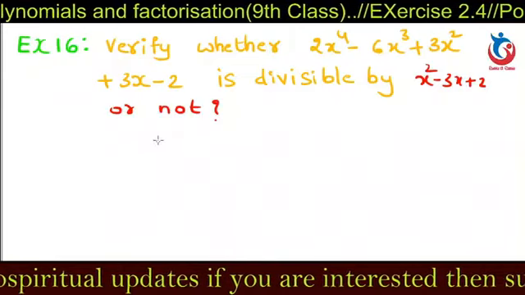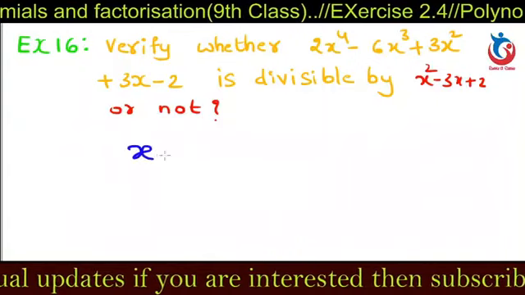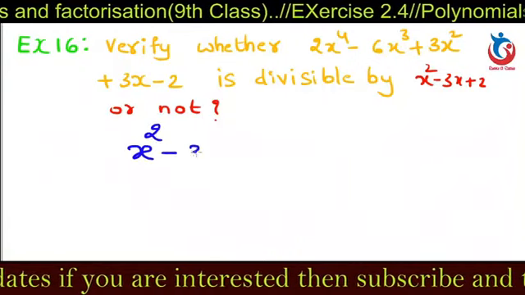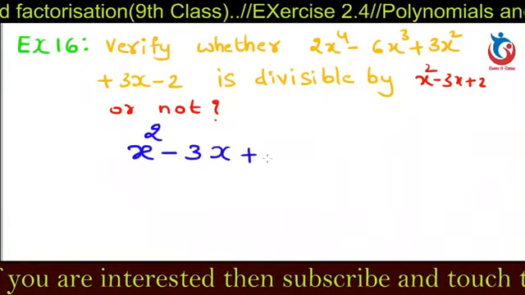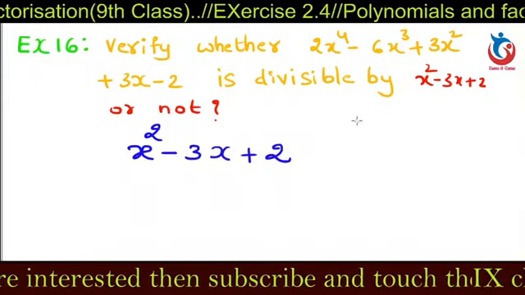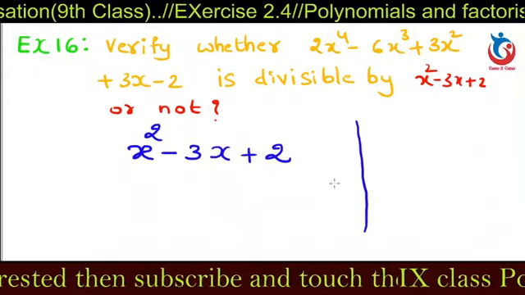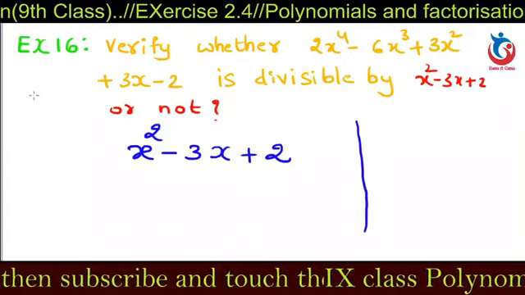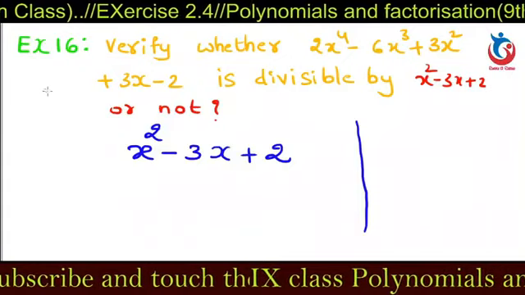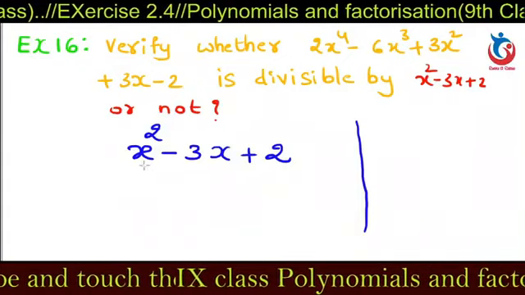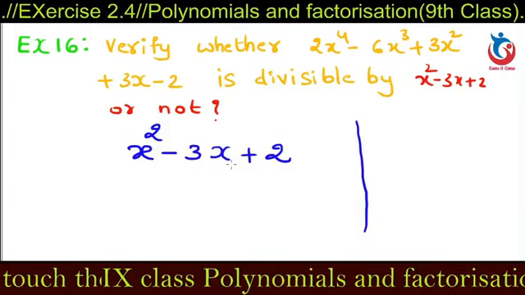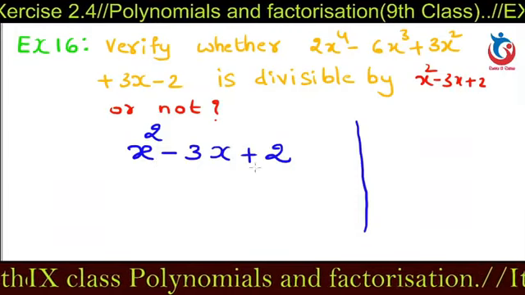So how to find? Let me explain. x square minus 3x plus 2. You already know how to find the factors of x square minus 3x plus 2. First of all, we have to write the polynomial in decreasing order.